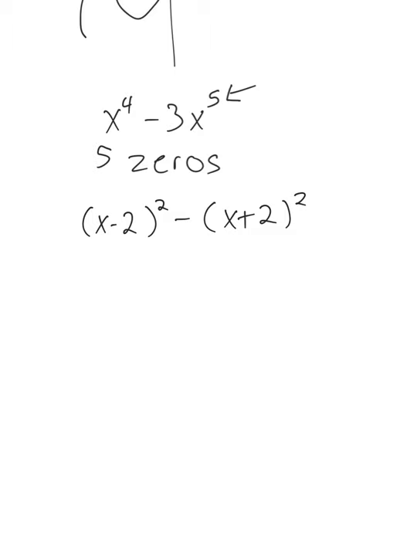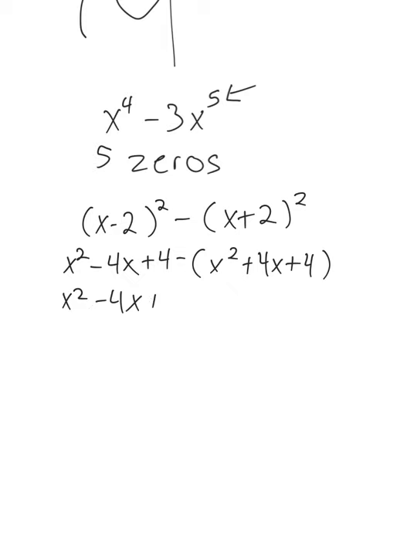So the first one, if I multiply that out, is x squared minus 4x plus 4, and I'm going to subtract the second part, x squared plus 4x plus 4. Distribute that negative, so that's x squared minus 4x plus 4 minus x squared minus 4x minus 4.